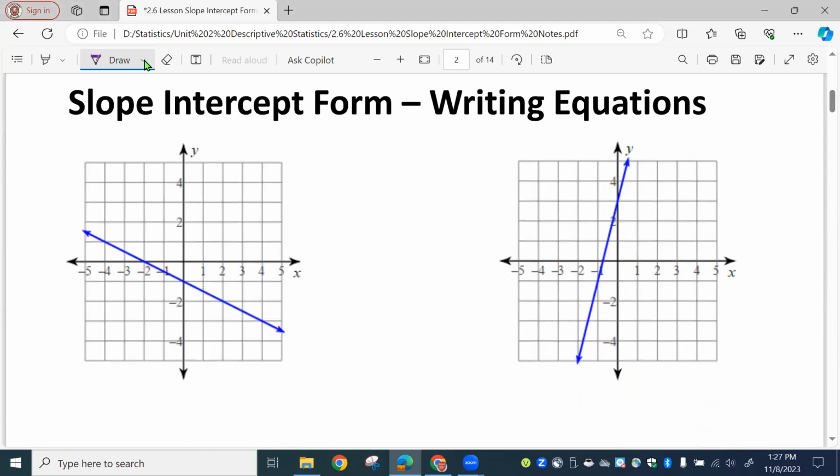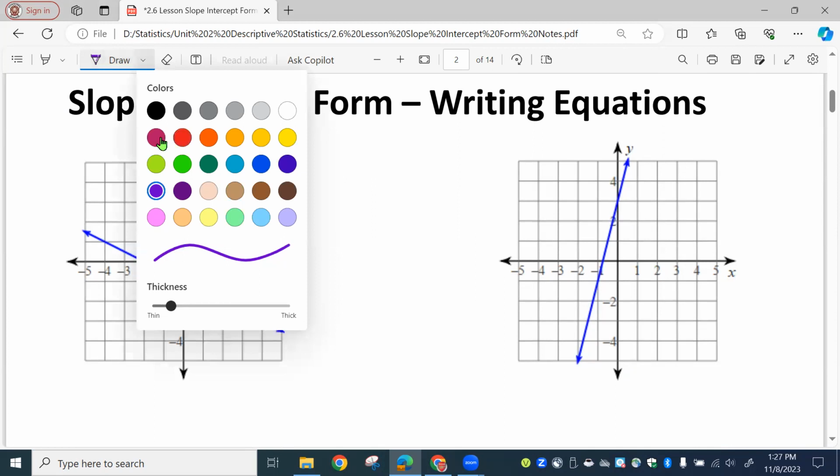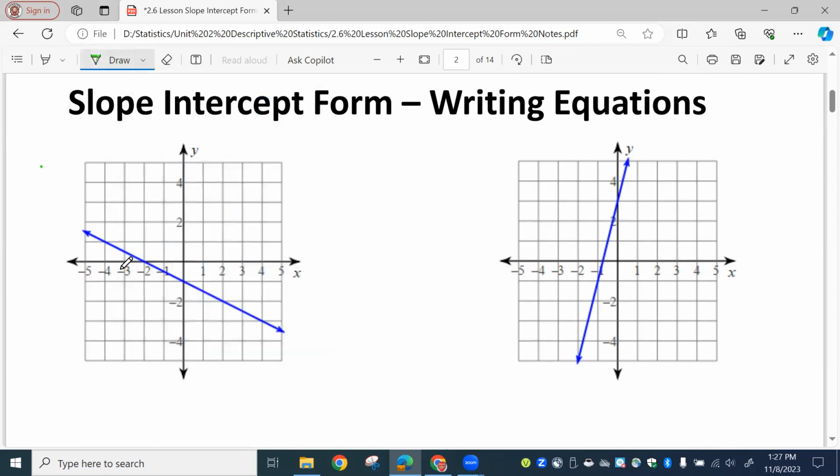So if I look at this line on the left, we have talked about how we can find the slope of that line. And let's talk today about how we can find the intercept. The y-intercept in particular is the place where our line crosses this vertical y-axis. So if we look on this line where the blue line crosses it, it's right there. The y-intercept is a coordinate.